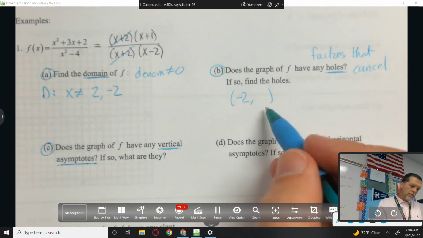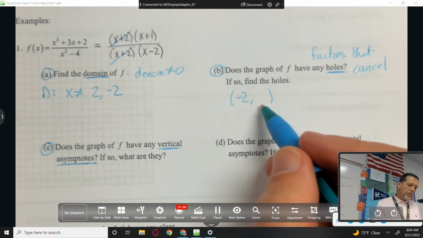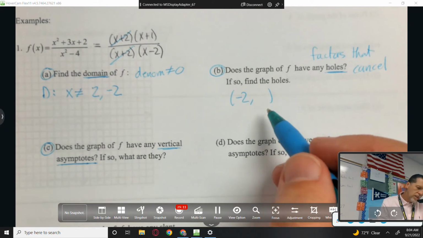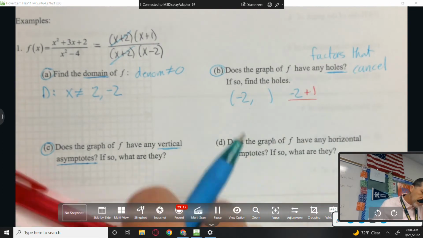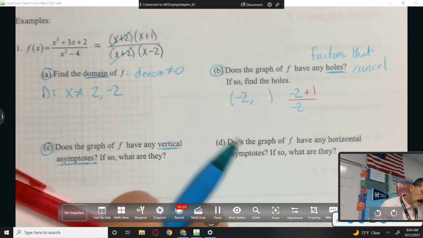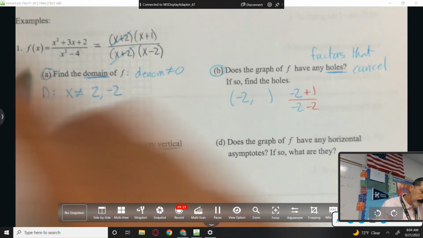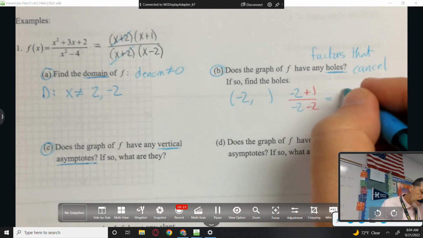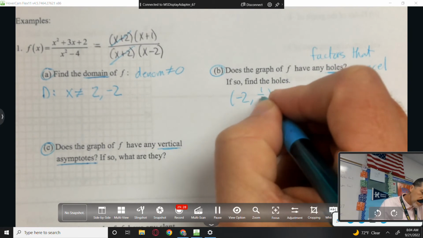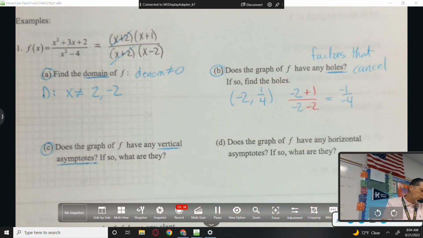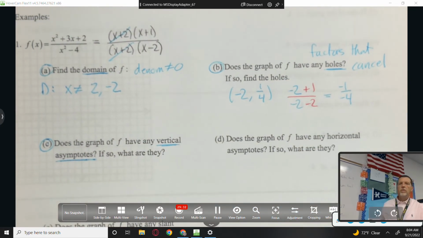So negative 2, how do I find the y value of the hole? Just plug it into what's left. So negative 2 plus 1 over negative 2 minus 2. That would be negative 1 over negative 4. So 1/4. So there's a hole at negative 2, 1/4.